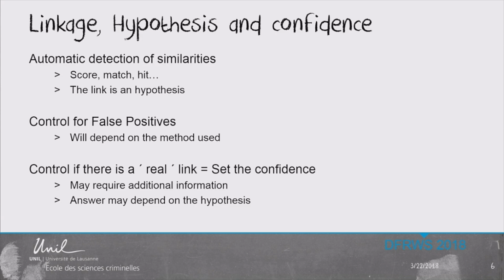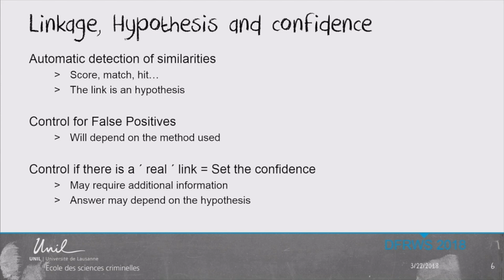So just to highlight some key points in this process. When we will compute a similarity, basically we will have a score or match, and the investigator or the analyst will have on this computer something like, hey, those two cases have something in common, present a similarity. And at this stage, it's just an hypothesis that they are linked.